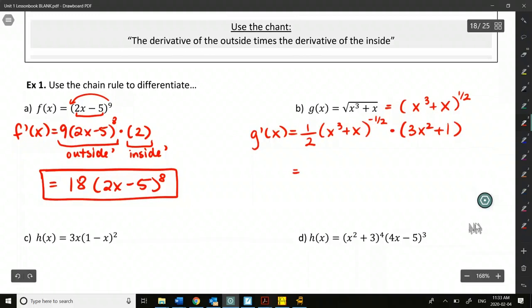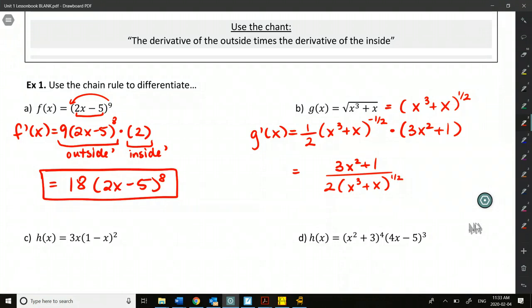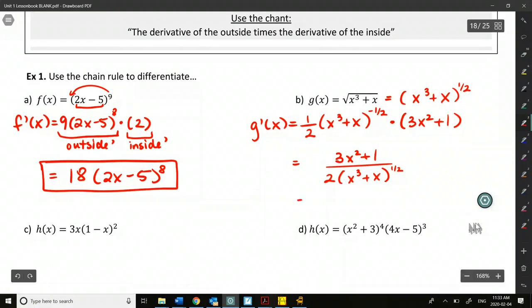I'm just going to clean this up a little bit. We have 3x squared plus 1 on top. I'm bringing down the thing with the negative exponent into the denominator. So this will be over 2 times x cubed plus x to the positive half. You can leave it there, or we can also write, we know any half as an exponent is just a root.